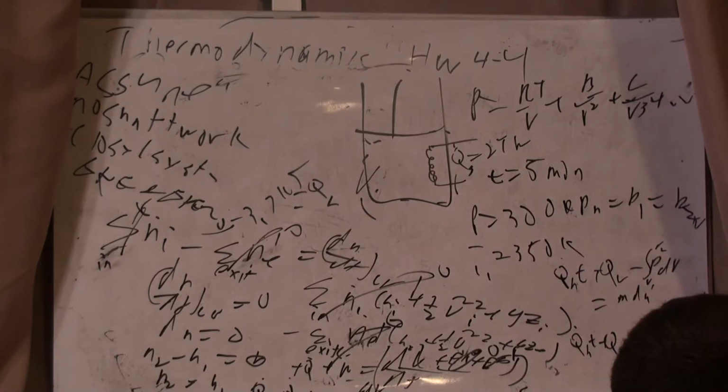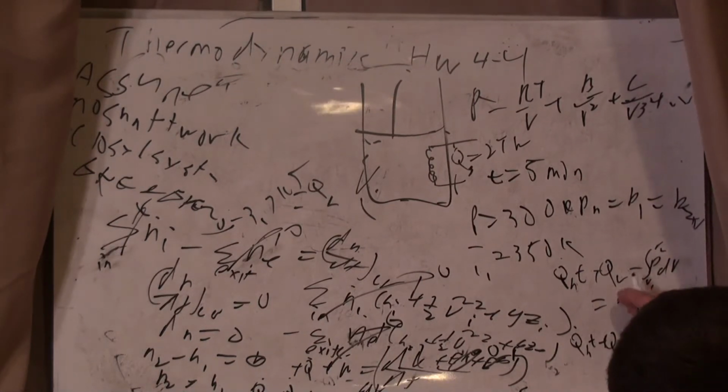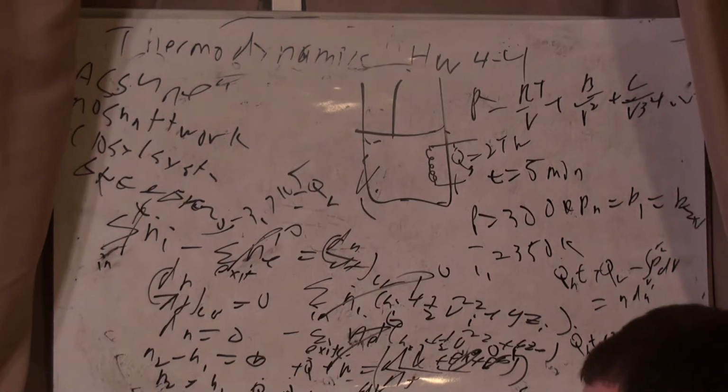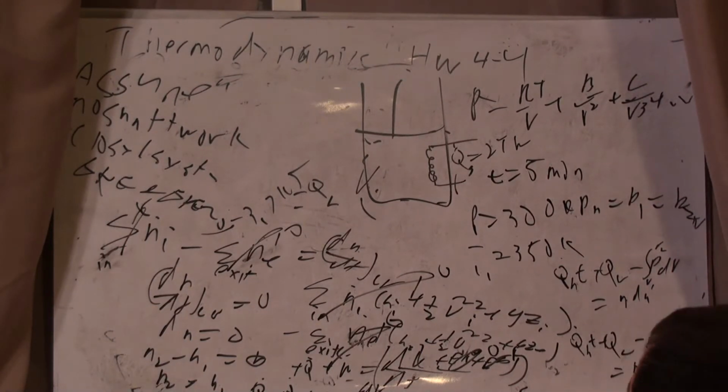If I want to, I can put this in molar terms: N times P times V2 minus V1 molar, equals N times U2 minus U1.